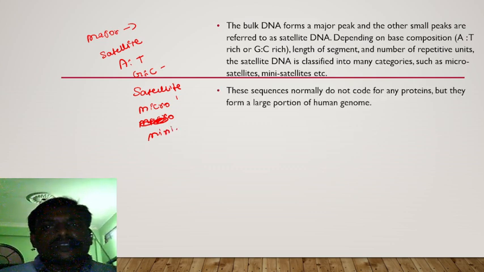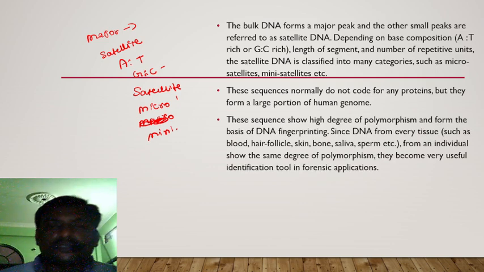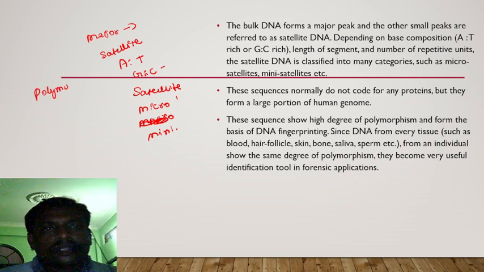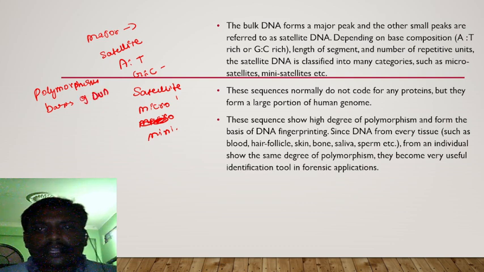These sequences normally do not code for any protein, but they form a large portion of the human genome. These sequences show a high degree of polymorphism and form the basis of DNA fingerprinting.